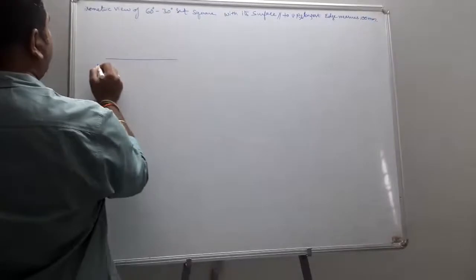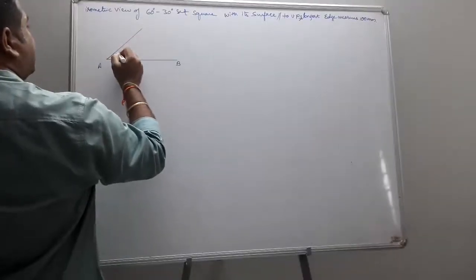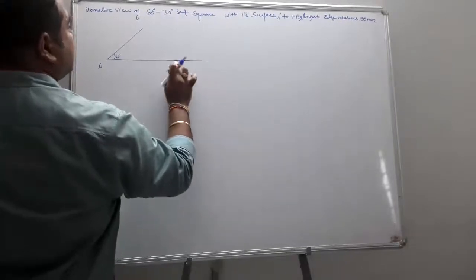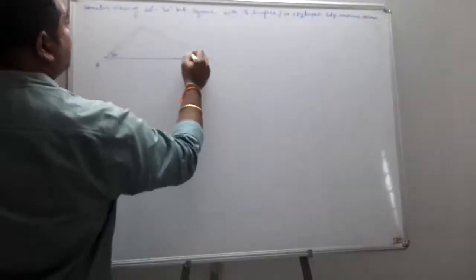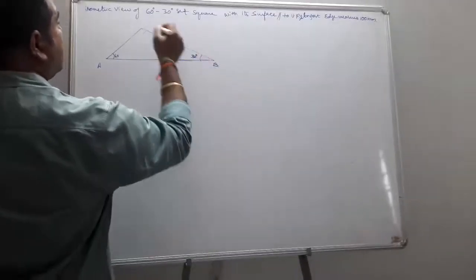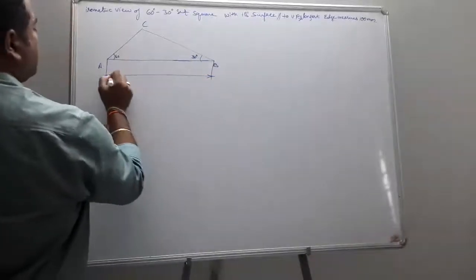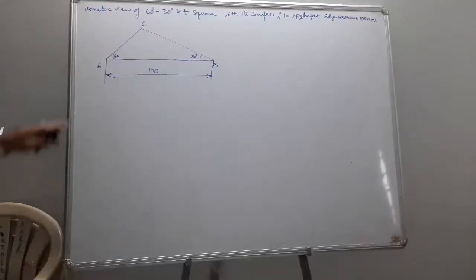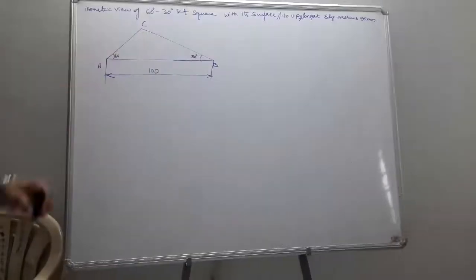This is going to be AB. Let us consider this is 60 degrees and this is 30 degrees, A, B and C. The longest edge given is 100. With 60 and 30, I obtain my point C.